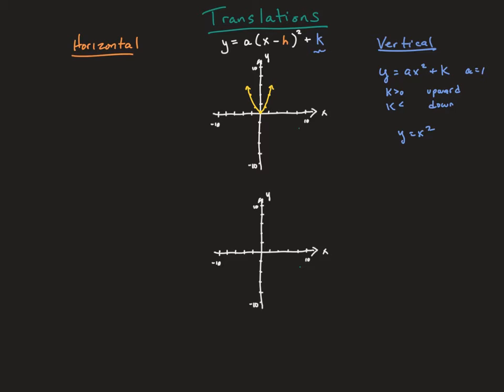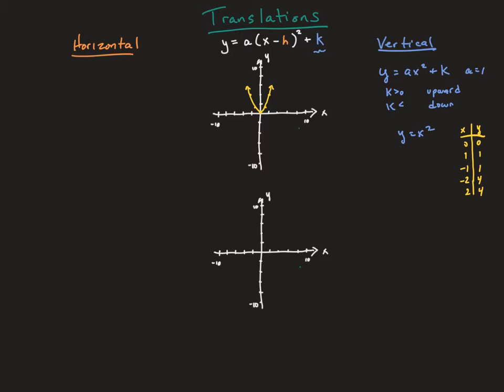And we can do the x-y table, right? So as I put in values of x, I get out values of y. Well, 0 is 0. When x is 1, we would get 1. If I have negative 1, we would get 1. If x is negative 2, we'd get 4. And if x is positive 2, we would get 4. So I just plotted those 4 points. But that is the parent function, and we're always going to see those points on the parent function.